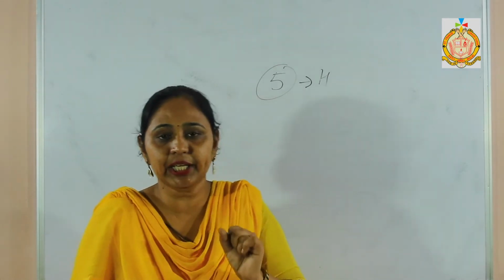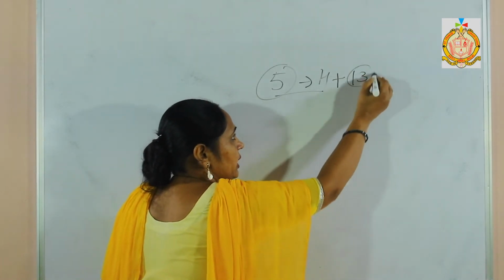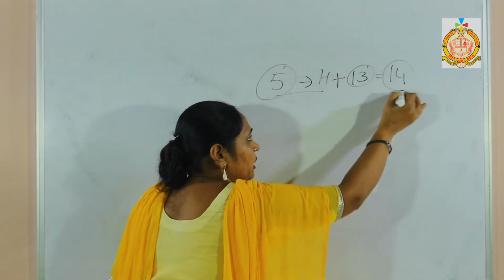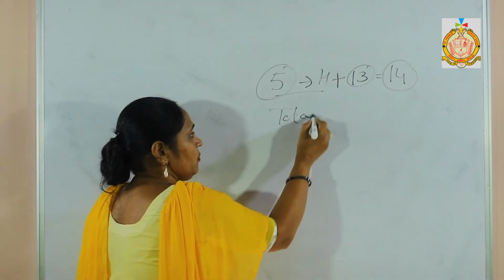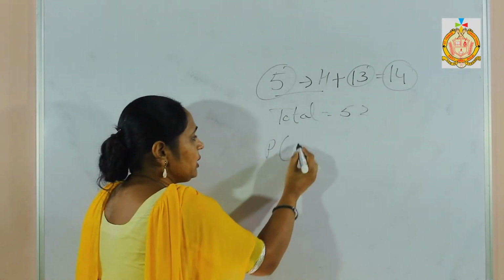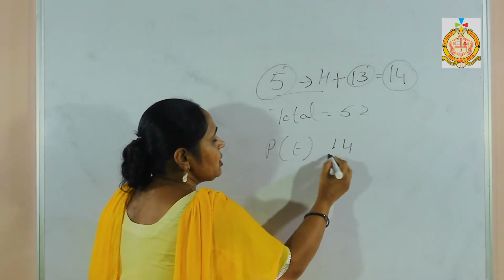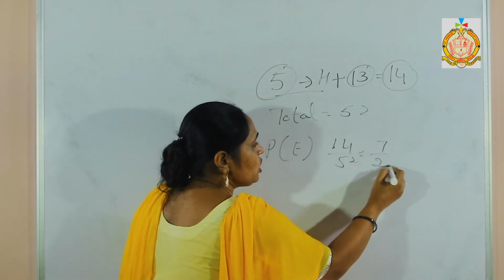There are 13 diamond cards. That means this one card plus these 13 cards, total favorable outcomes 14. But the total cards are 52. And I want to find the probability of this event, that becomes favorable divided by total. If I cut it, it becomes 7 upon 26.